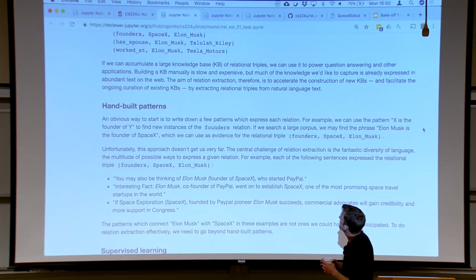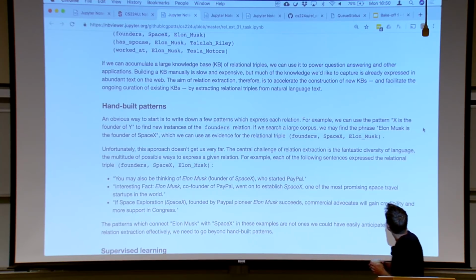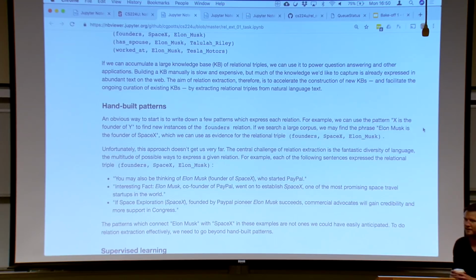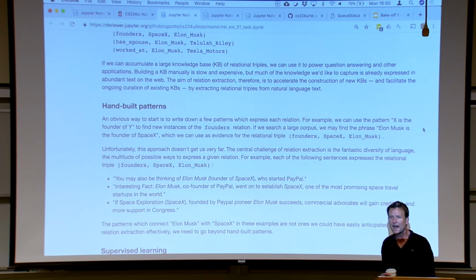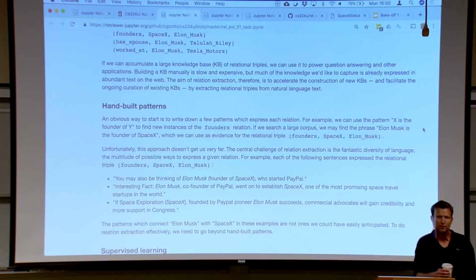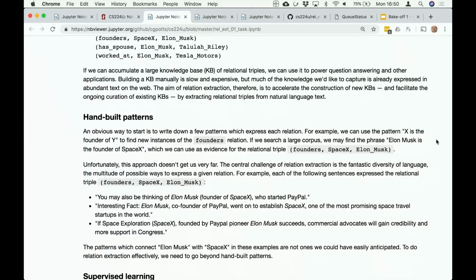So we might find in a large corpus a sentence that says Elon Musk is the founder of SpaceX. And we're like, okay, great, I can add a new triple to my knowledge base. That seems very straightforward. And in fact, this approach was the dominant paradigm for relation extraction for many years, like during the 60s and 70s, so in the very early days of natural language understanding.